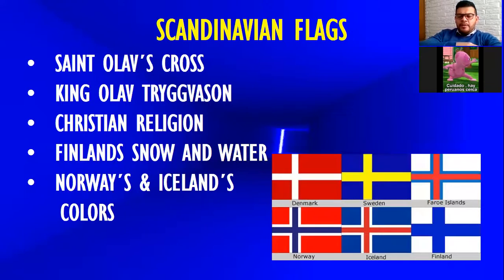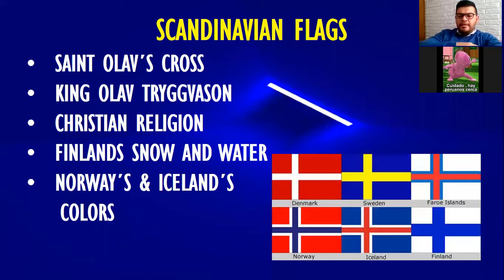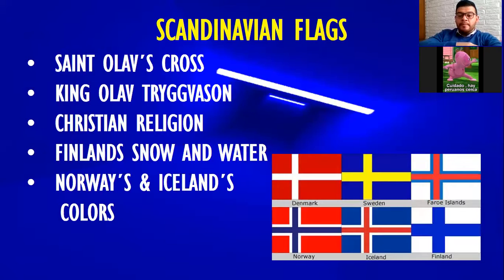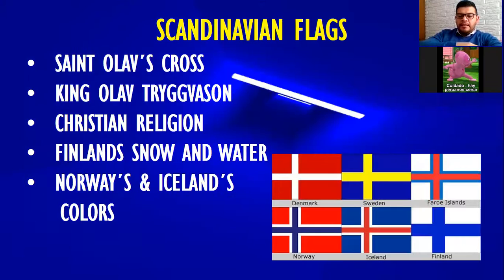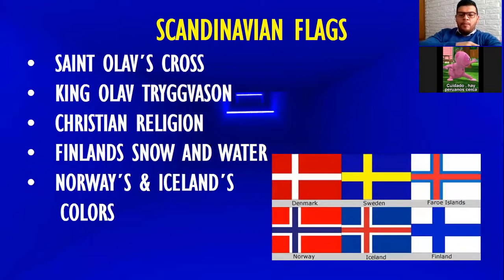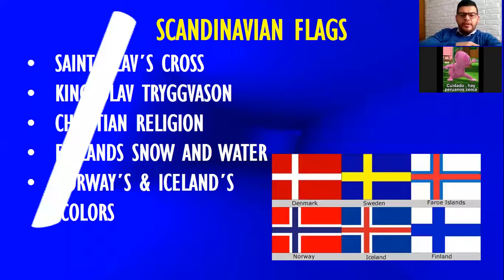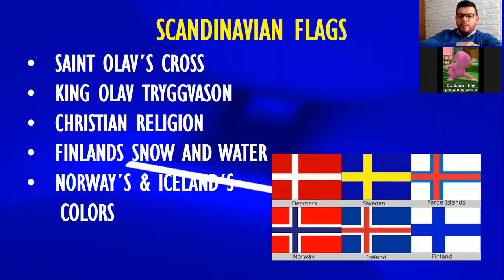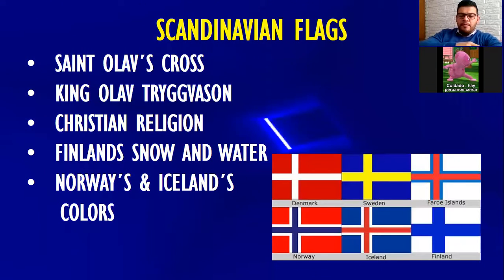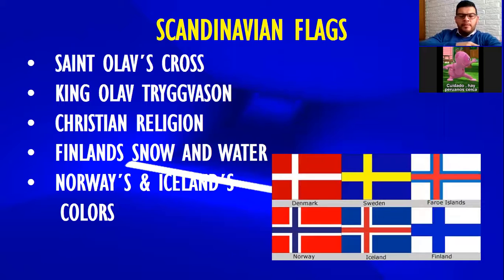So if you notice, most of the flags, except the Sweden one, have different colors, but the base of the flag is red and blue, yeah? In Denmark, as you can see, they only have the red color, but the ones from Norway, Iceland, Faroe Islands have red and blue, yes?